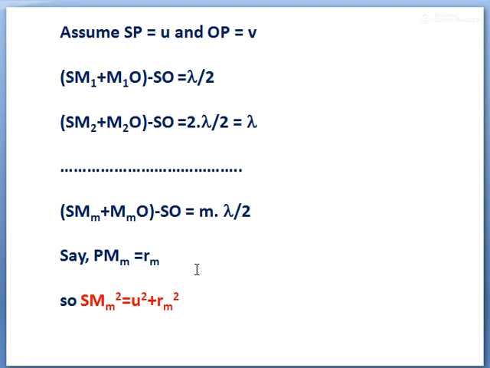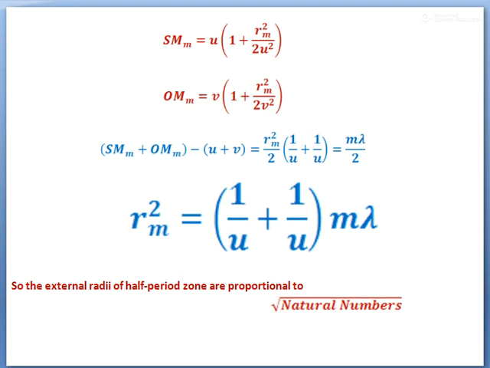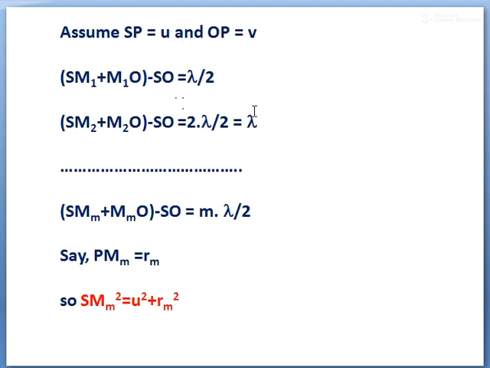So the wave that comes directly from S to O and the wave that follows the path SM1O must have a path difference of lambda by 2. So SM1 plus M1O minus SO equals lambda by 2.